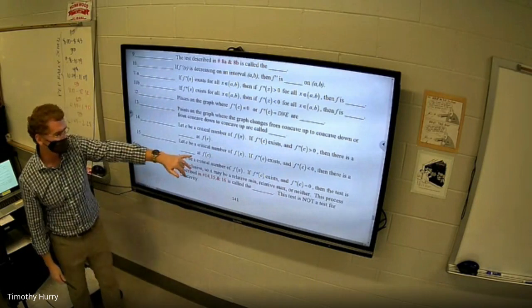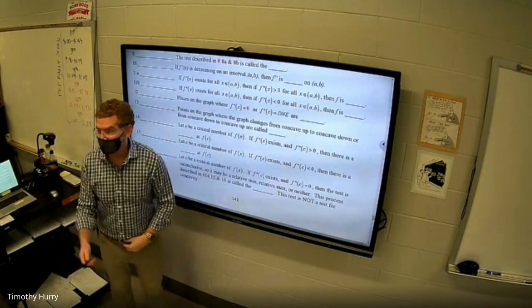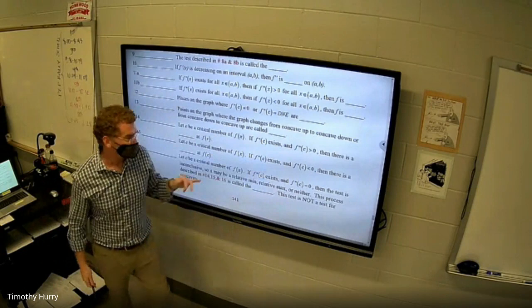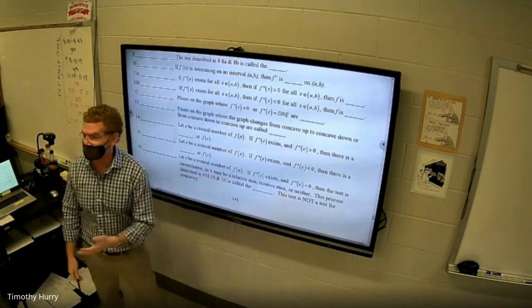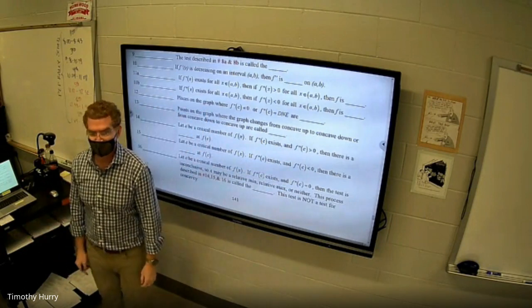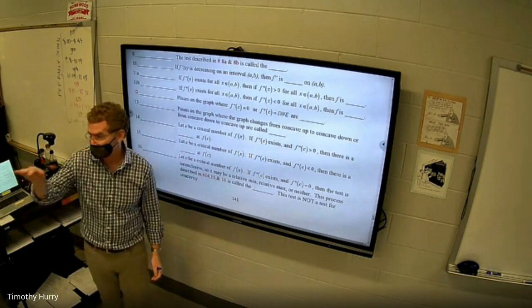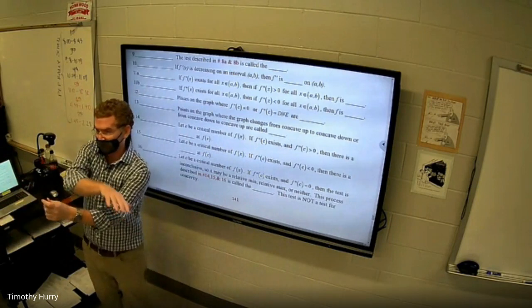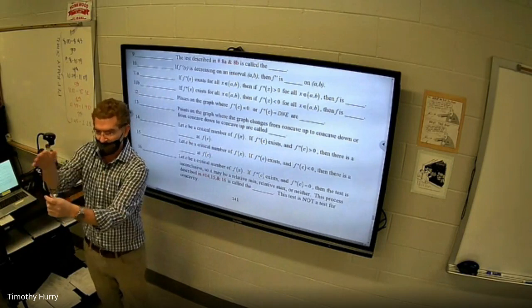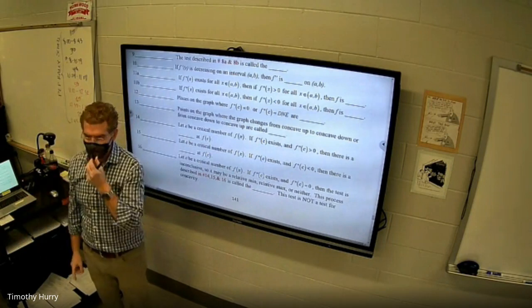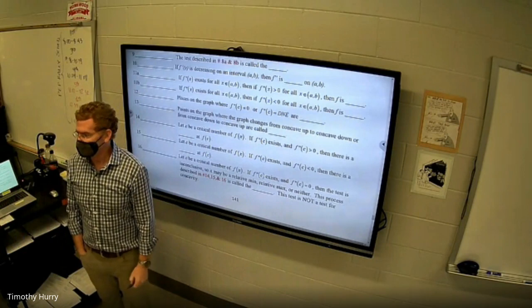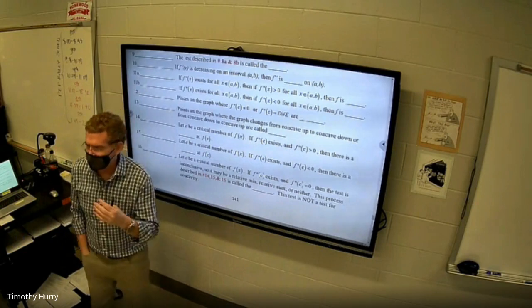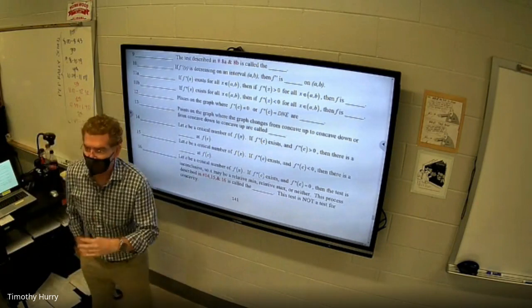15, the other one. If the second derivative exists, so you find the second derivative, you plug in a critical number and you find out that it's a negative value. What does that tell you? Negative tells you the function's concave down. Well, what if it's a critical number in that concave down? It must be a relative max there. Right? Which kind of goes against your instinct: when you see negative, you think, oh, relative min, and positive, relative max.